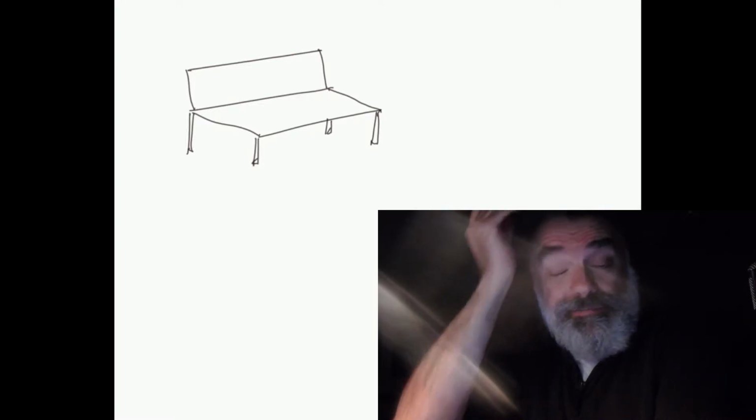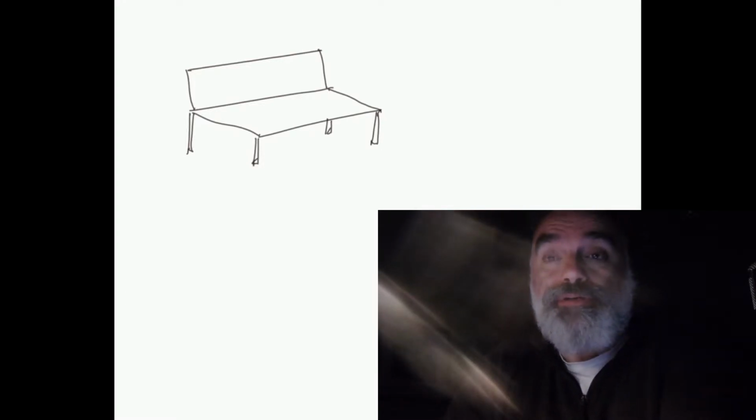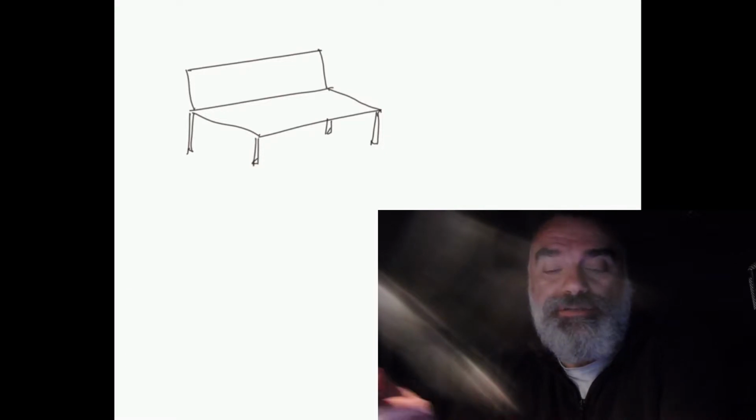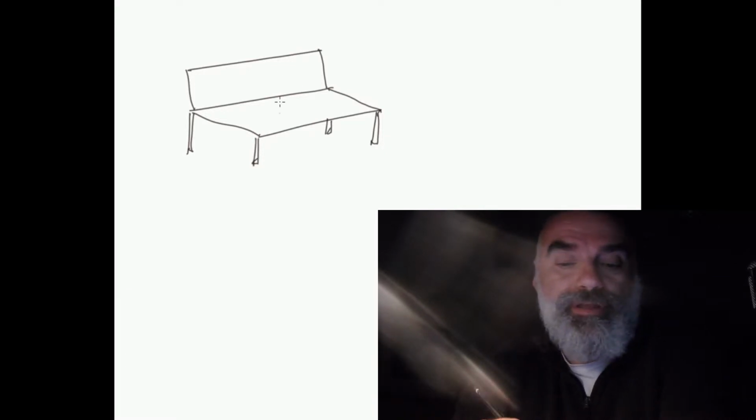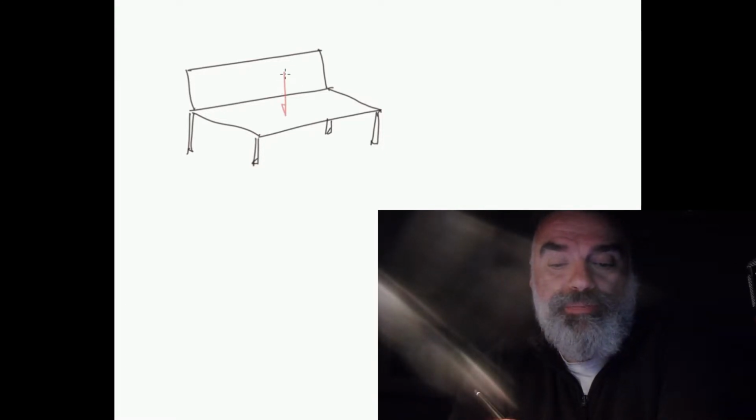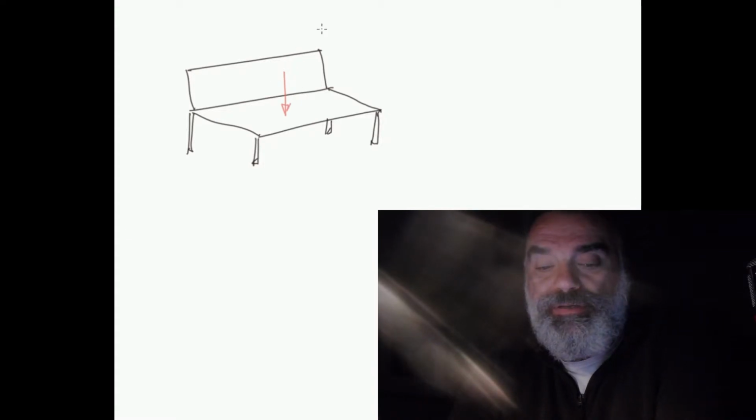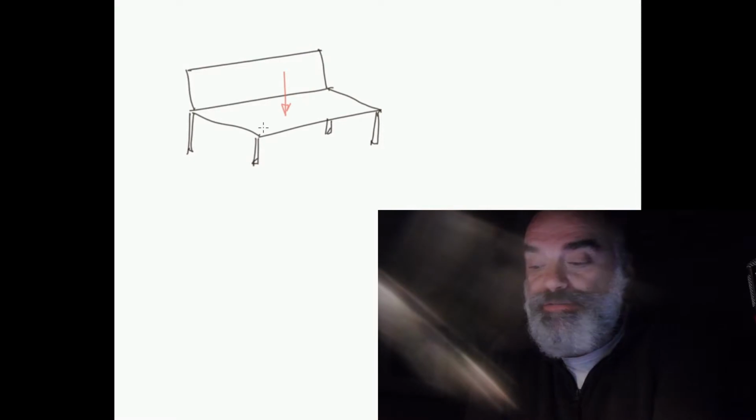So this structure has to perform a function, and that function is to support the weight of a person or people sat at some point on the seat of the bench.